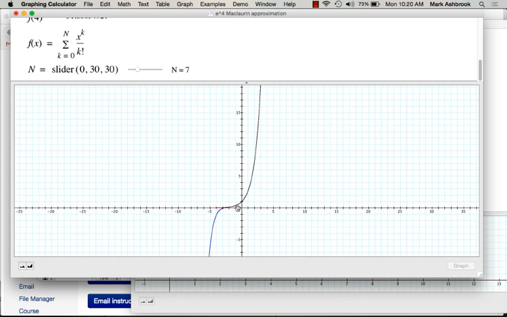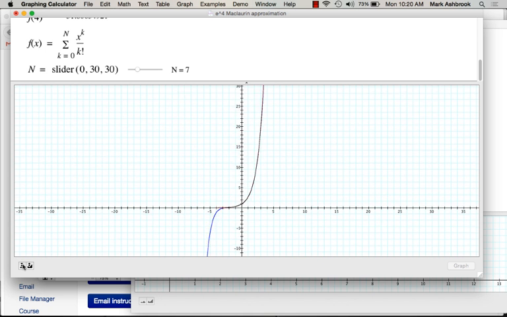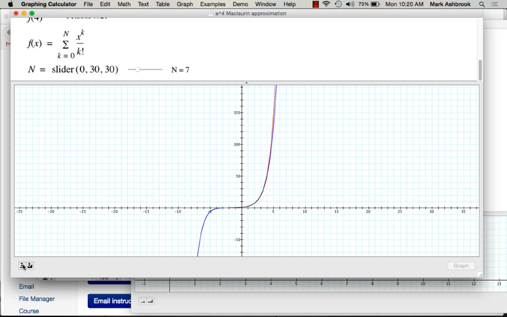E to the x gets big fast. So the more terms that you take, the more of an interval around 0 it's going to be close to the original function. Okay?